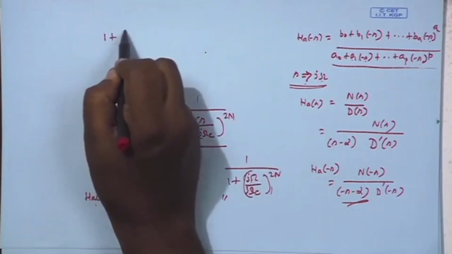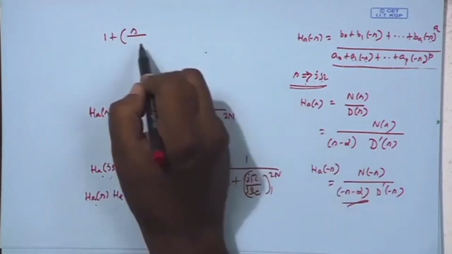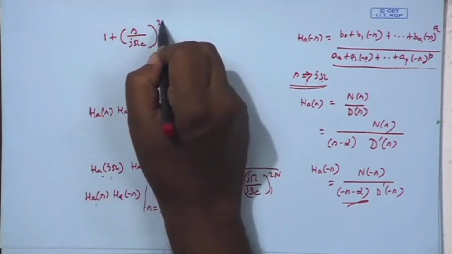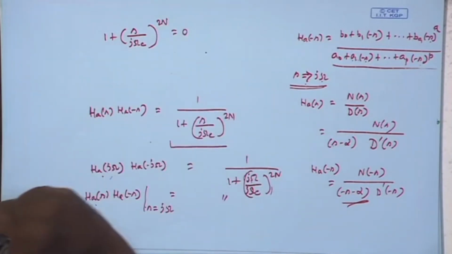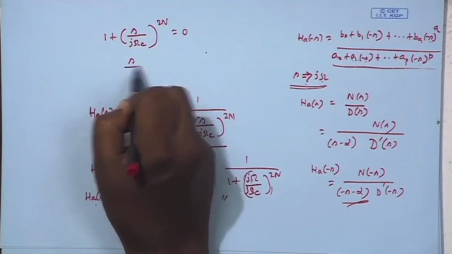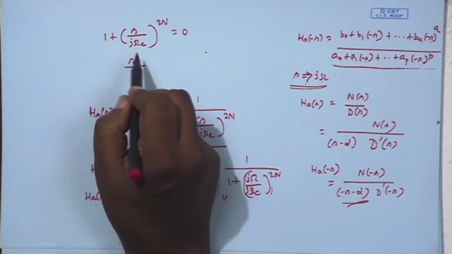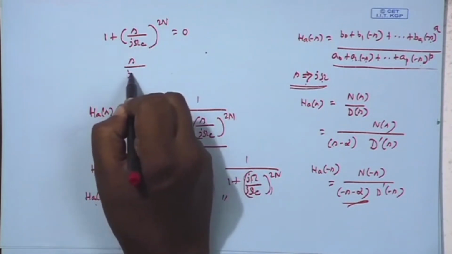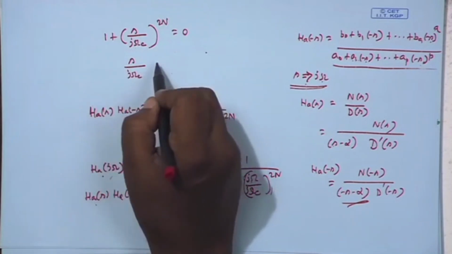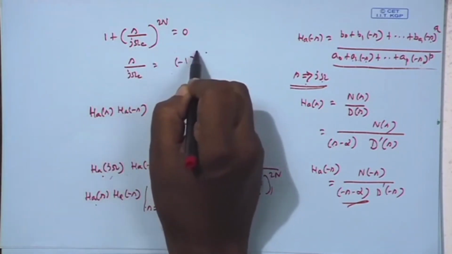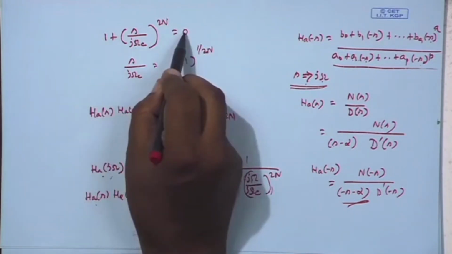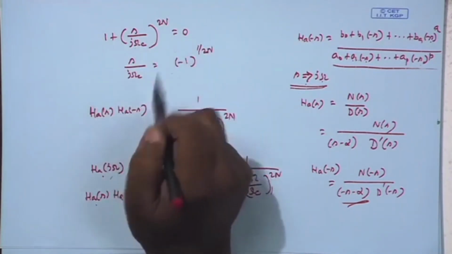So, to find the roots, you take this, equate to 0, which means minus 1 whole to the power 1 by 2n. 1 goes to this side, minus 1, so 1 by 2n.